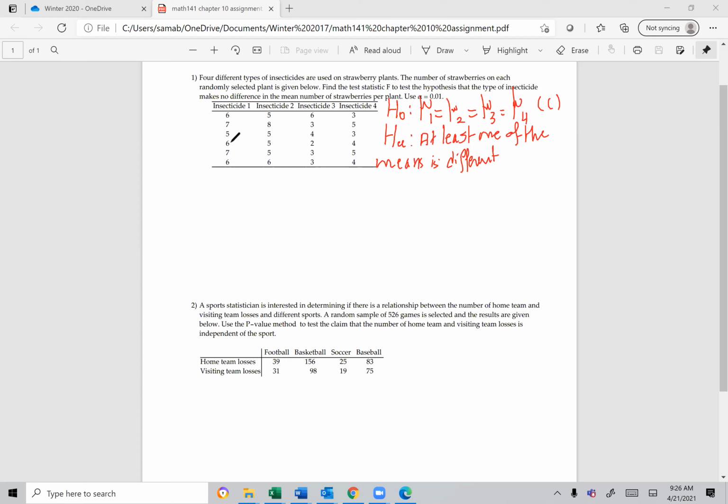So now all we have to do is put the data in L1, L2, L3, and L4 and run the ANOVA test. So I'm going to give you a minute to do this with me, and while I bring the calculator up on the screen and do it at the same time.